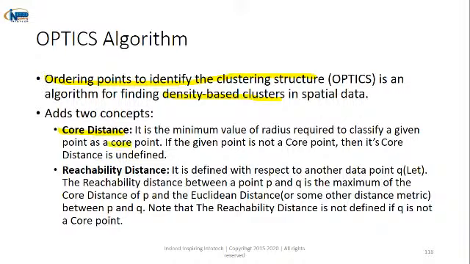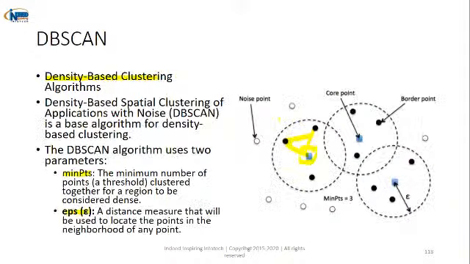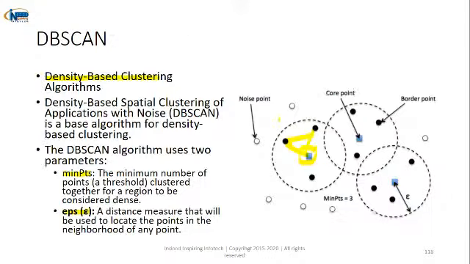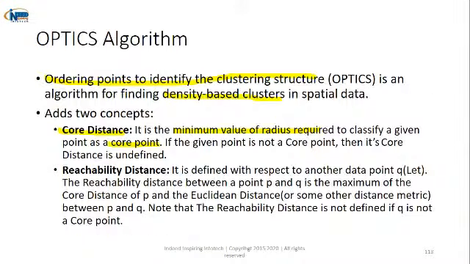So we have to select a core point. In the previous diagram we have seen that some core point has to be selected. For that particular core point to be selected, we need to have a minimum value of radius. So you can see that this is an optimization on DBSCAN. The other is reachability distance, which is defined with respect to another data point.